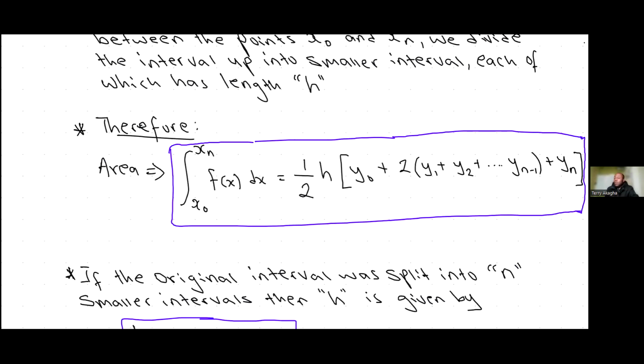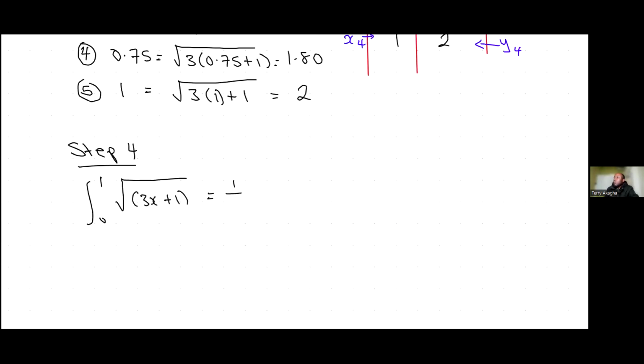Are you seeing it? So we're going to use the formula now to solve it. It's going to be equal to 1 over 2 times h into bracket y0 plus 2, y1 plus y2 plus yn minus 1, close bracket, plus yn.